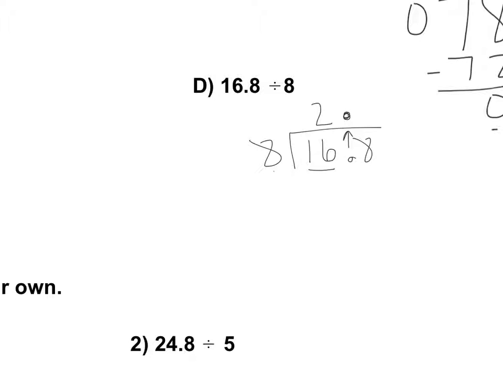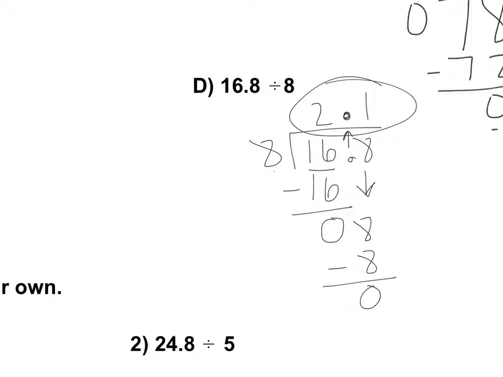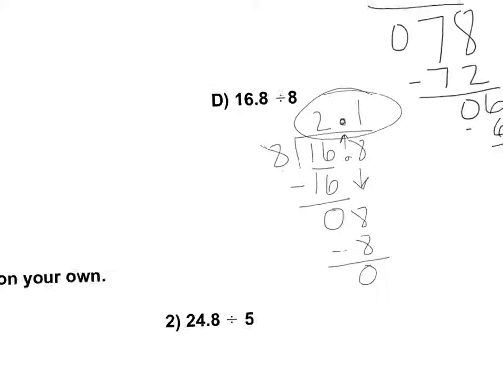So put our 2 there. 8 times 2 is 16. Subtract. 16 minus 16 is 0. Bring down your 8. We have 8 here. 8 goes into 8 one time because we know 8 times 1 is 8. Subtract those and we get 0. So your answer is going to be 2.1. Once again, make sure you are writing this in your video notes.